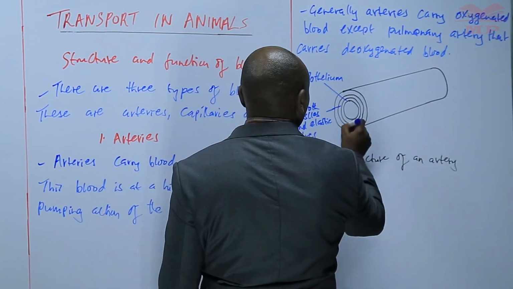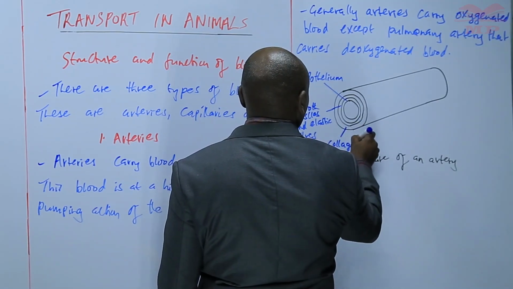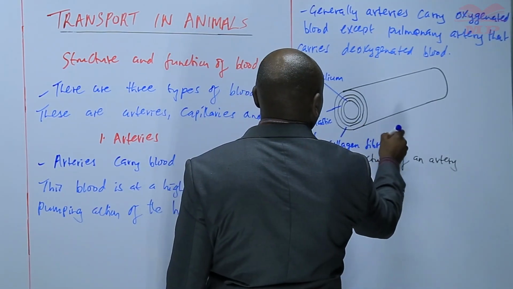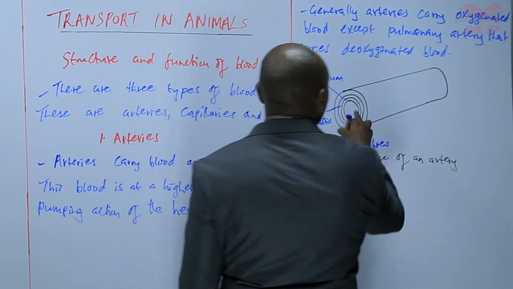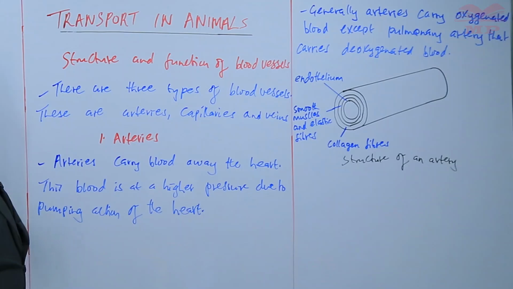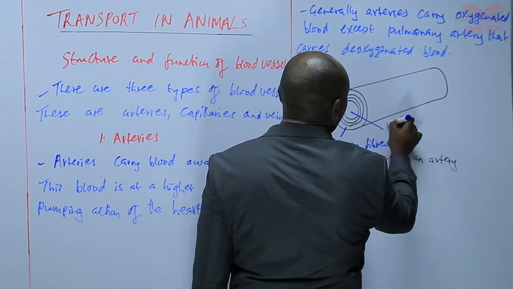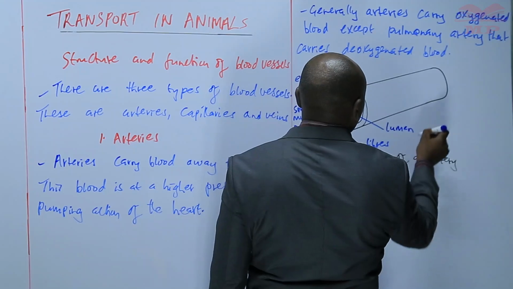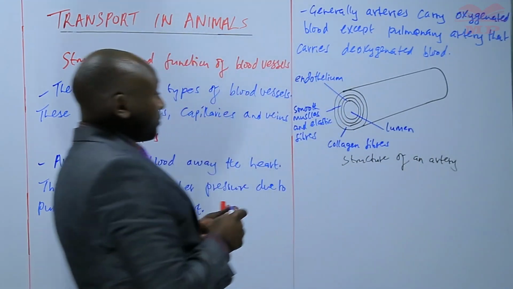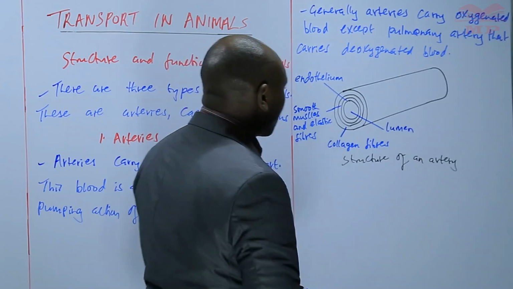We have the outermost layer, and this one is known as the collagen fibers. And then the innermost space where the blood flows is known as the lumen. So that is the diagram of an artery, or that's how the structure of an artery looks like.